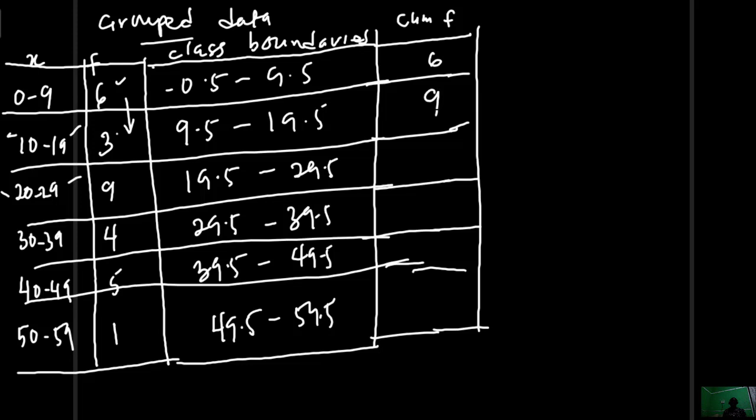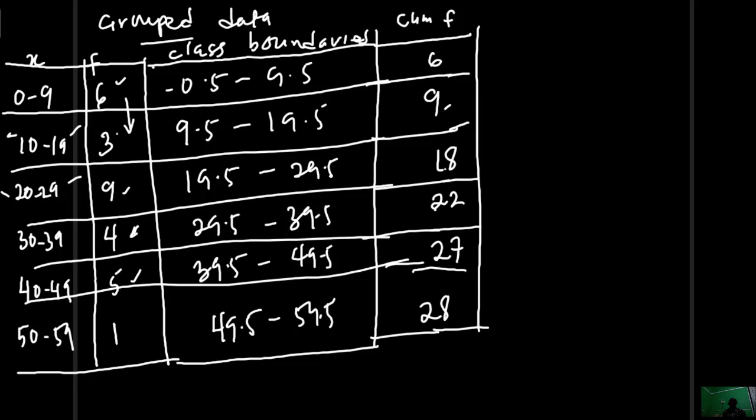The 9 that we have here will migrate to meet this 9, making 18. This 18 will now meet this, making 22. 22 will now meet this, making 27. 27 will meet this, making 28. Good. So this is our cumulative frequency table.